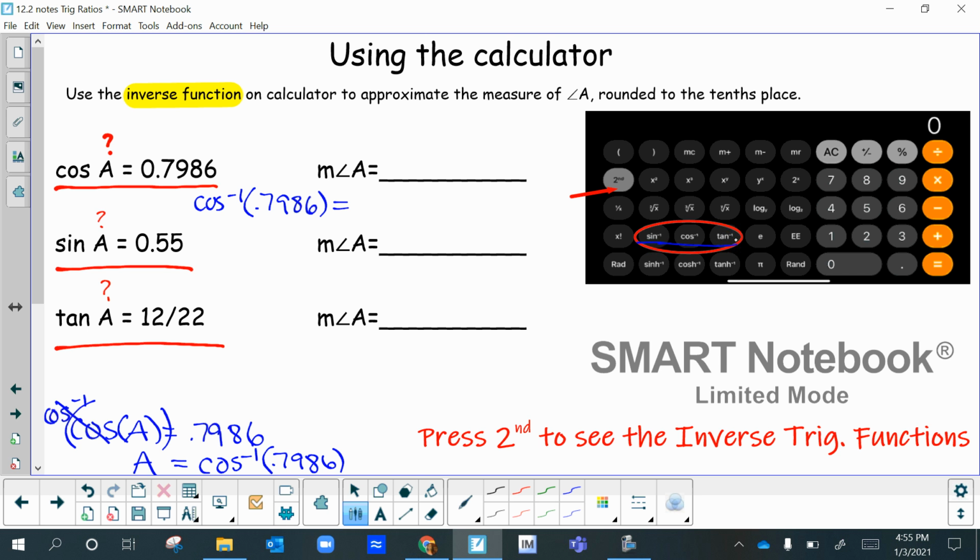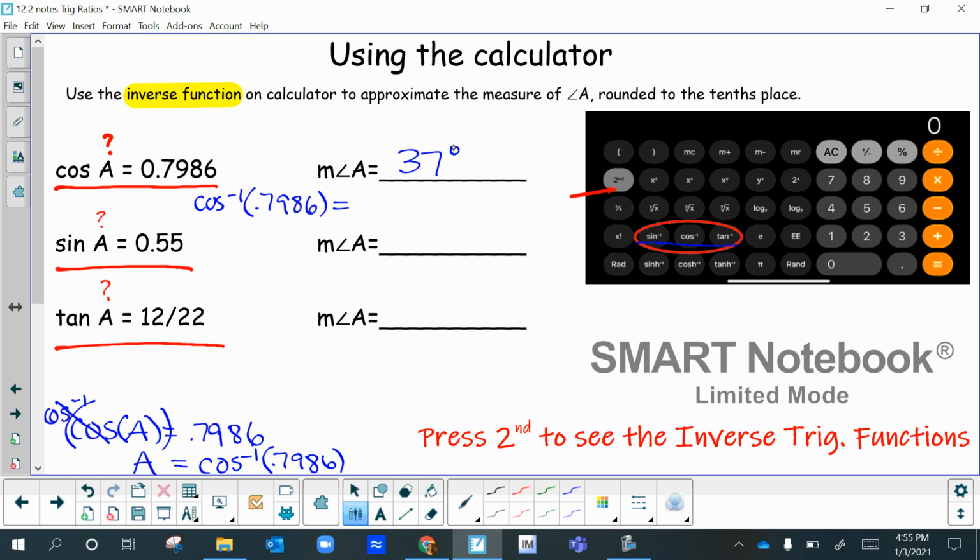Once you see those, now I want you to press 0.7986 and now press the cosine inverse. And you should get 37.003. Now, since we're only rounding to the 10th place, we do not need to write 37.0 degrees. We can just write 37 degrees. Okay, and so that's it. That's all it takes.